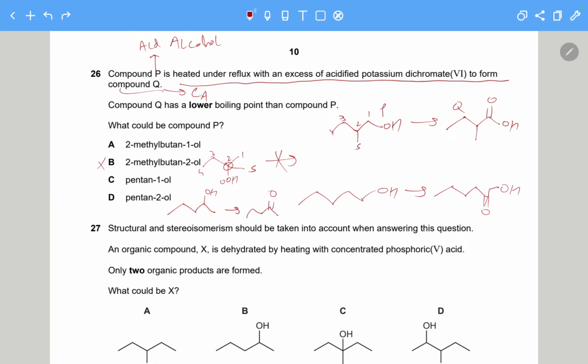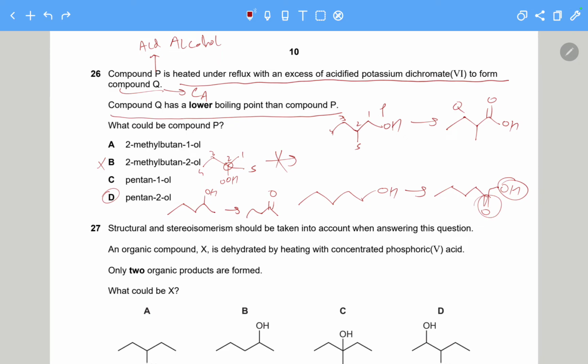Now, for options A, C, and D, we have A and C going to carboxylic acid, and D going to ketone. And it says that compound Q has a lower boiling point than compound P, which means the answer has to be D, because a carboxylic acid can form very strong attractions due to hydrogen bonds, and therefore will have a higher boiling point than compound P, because it not only forms hydrogen bonds like compound P, but it also forms permanent dipole-dipole interactions from the carbonyl group.